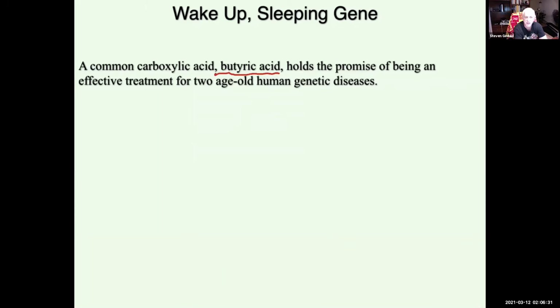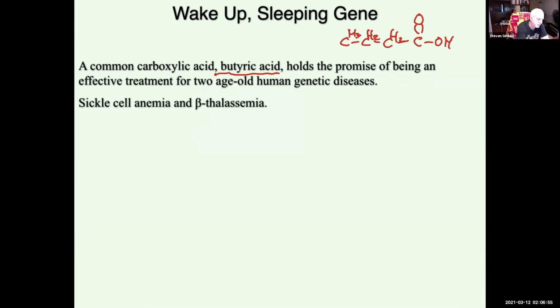It holds a promise of being an effective treatment for 2 age-old genetic diseases. So butyric acid is 4 carbons and a carboxylic acid, COOH, and everything else is hydrogens. CH3, CH2, CH2. That's butyric acid.